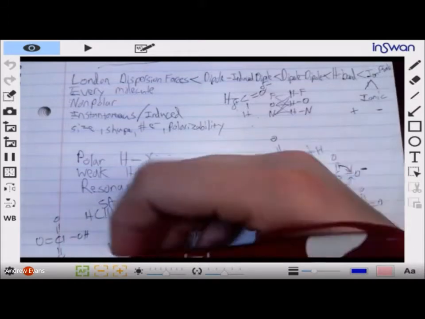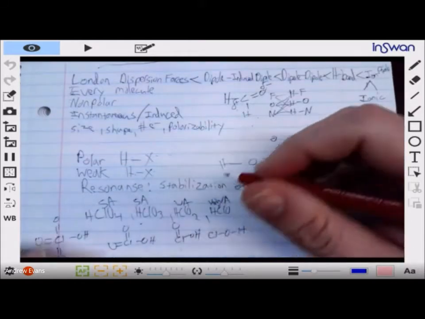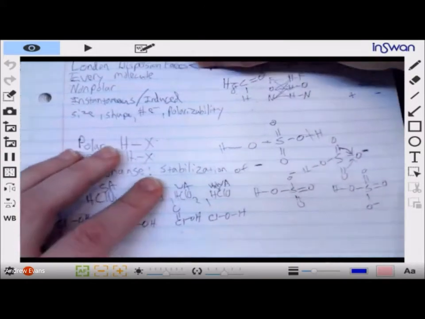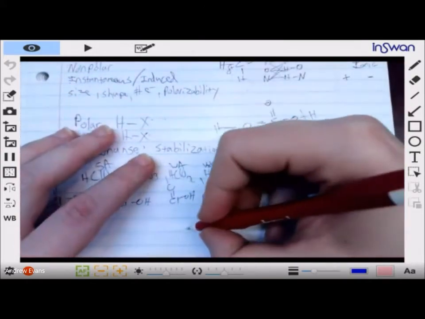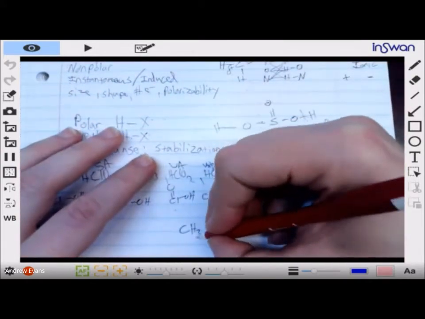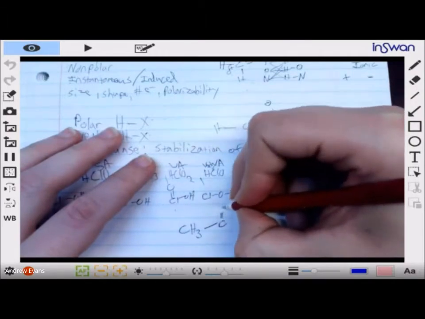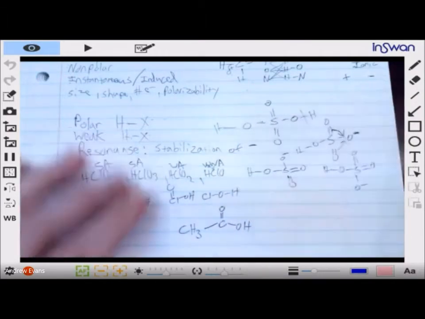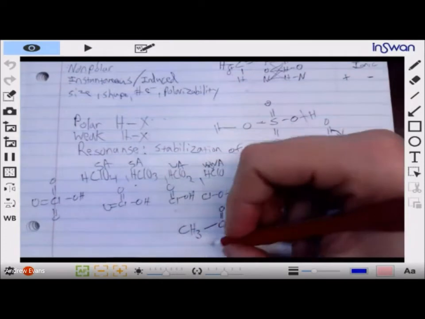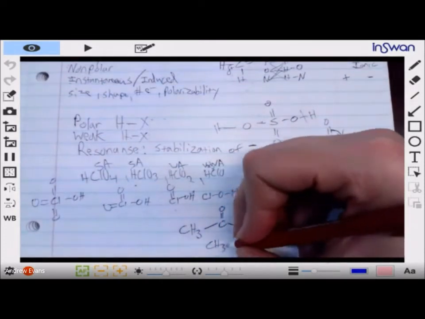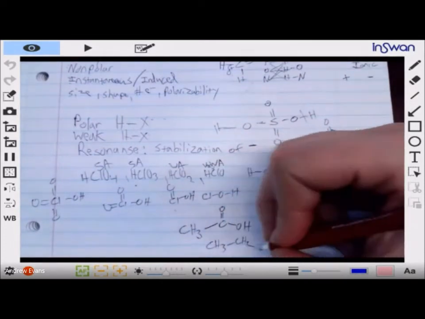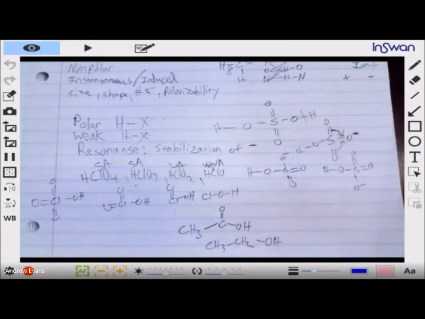That's the reason why acetic acid, despite being organic in nature, has this structure, CH3, C double bond O, OH. If I put this as ethanol, ethanol is not really an acid. Ethanol is an alcohol. It has certain properties. In a strong enough base, it will be an acid, but most of the time it is not.